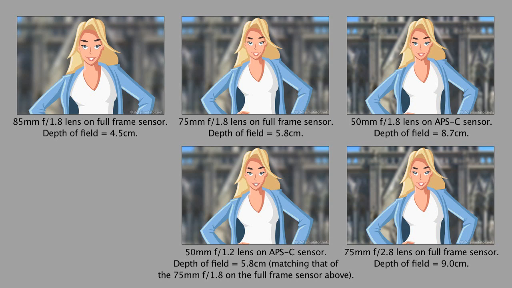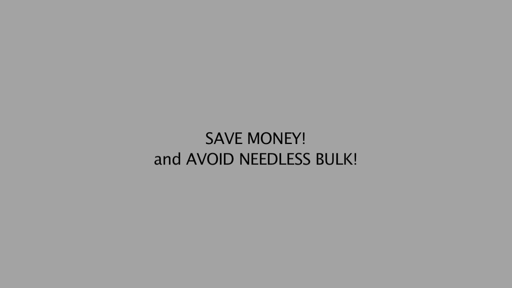But then again, it might just be close enough. A 50mm f1.2 lens is also certain to be more expensive than the 50mm f1.8 lens, but then again, paired with an APS-C camera body, that system might still be significantly less than the full-frame system and possibly more compact. Save money and avoid needless bulk.